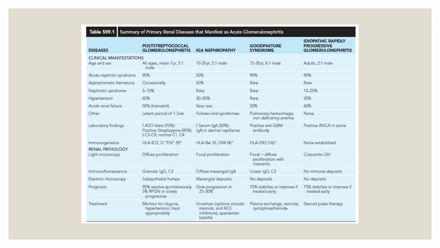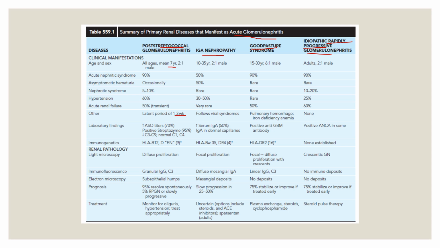Now, these are the main diseases which manifest as acute glomerulonephritis: post-streptococcal glomerulonephritis, IgA nephropathy, Goodpasture syndrome, and rapidly progressive glomerulonephritis. Okay, so post-streptococcal, the mean age is 7 years. It is mainly after a streptococcal infection, around 2 weeks later.